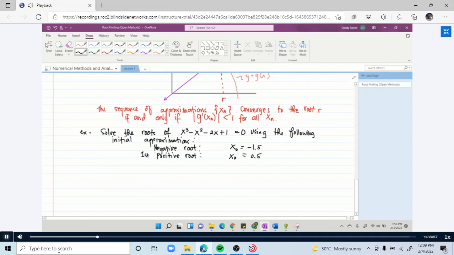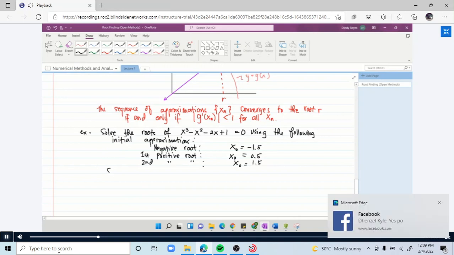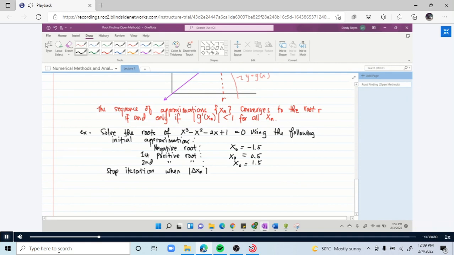And then for the other positive root, second positive root, we will use the initial approximation, 1.5. Stop iteration. This is the criterion when you will stop the iteration process: when the absolute value of delta x sub n, or the absolute error, is less than or equal to 0.0001. Okay?